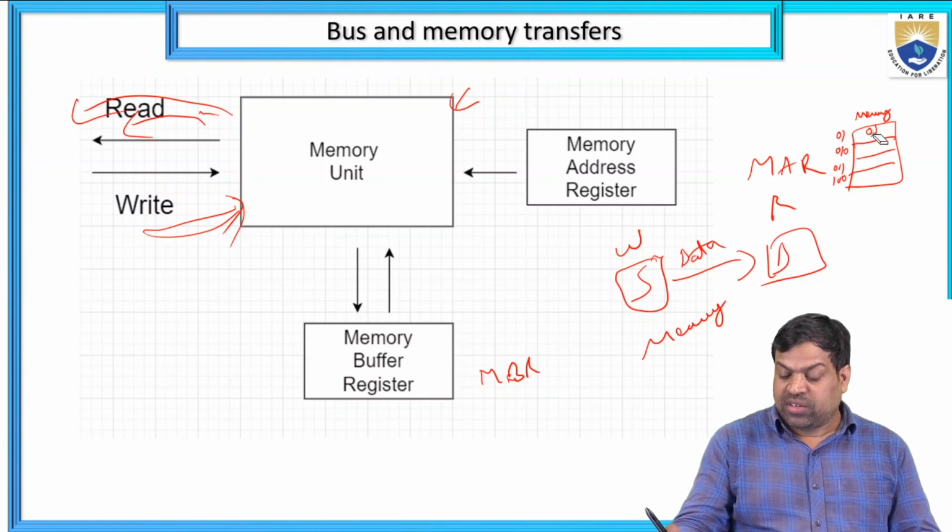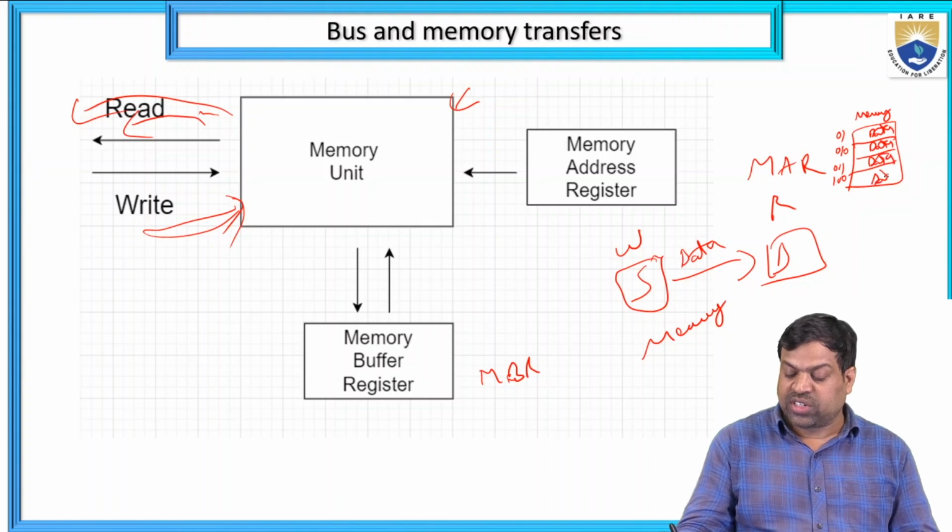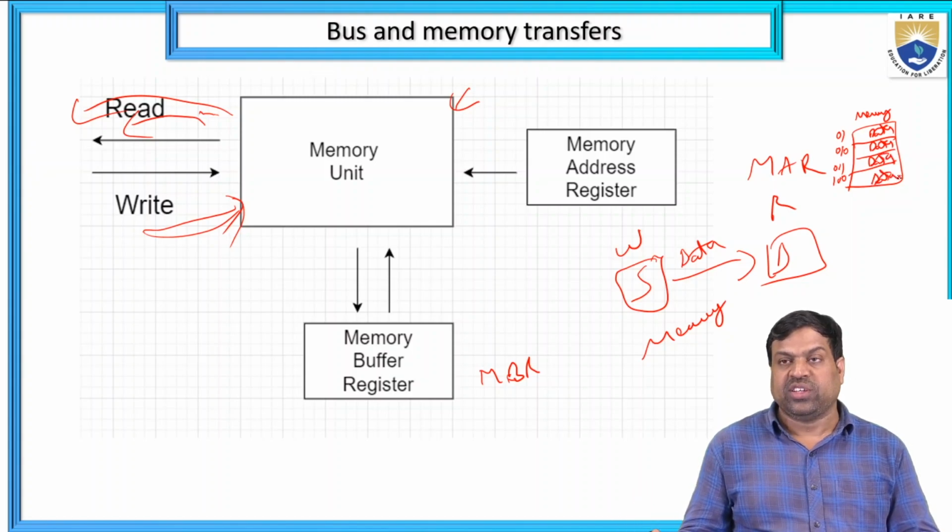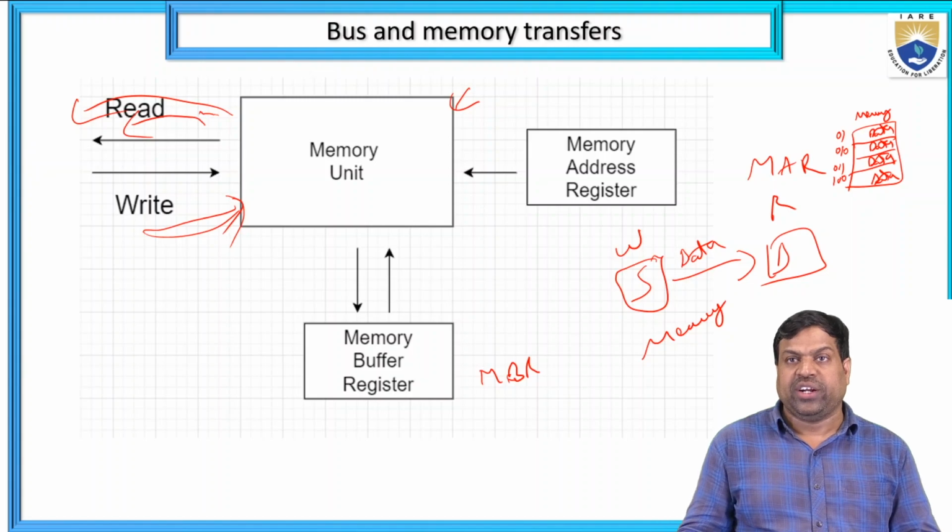In this memory there are so many locations, here is one particular data, here also data is there, here also data is there, but there are so many data. So which particular data do you need for a read operation or a write operation?